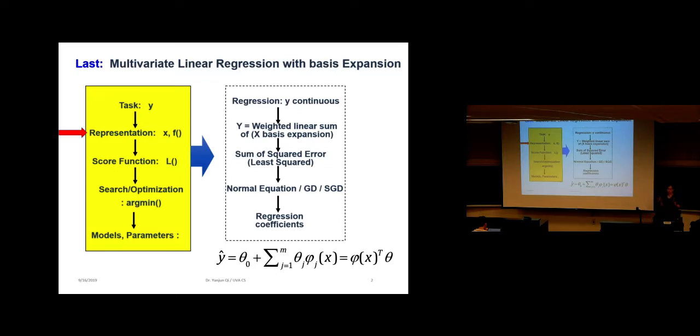We don't do validation, cross-validation, or testing. The only thing we require is to fit the data with your model by minimizing the loss function we designed. In our case, just L2, the sum of squared error.